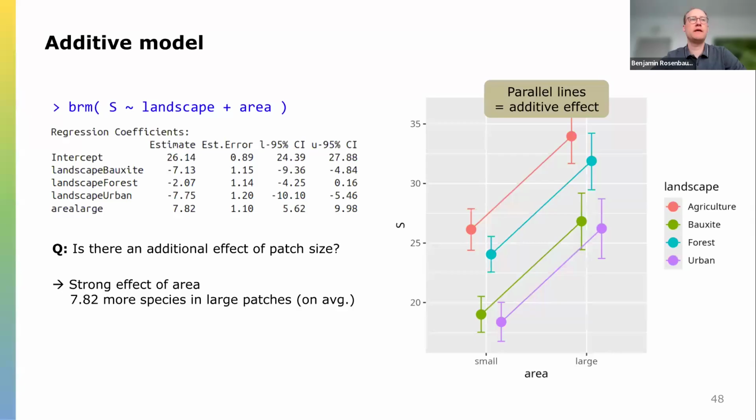Patch size here only has one parameter, so you can directly look up the effect, right? So the average effect of being in a large habitat is plus 7.2 species with some uncertainty involved. So here you wouldn't even need to do a model comparison, but you could if you want to: fit the model versus compare the model to the reduced model where area is not involved.